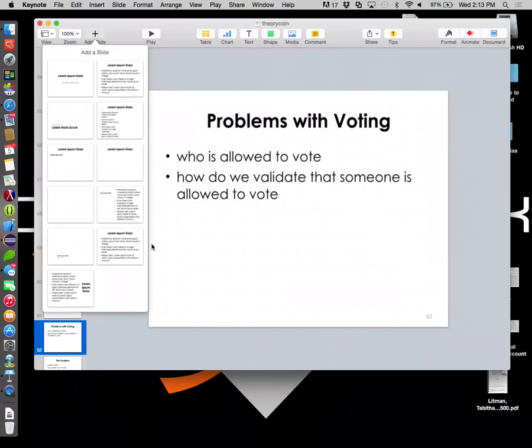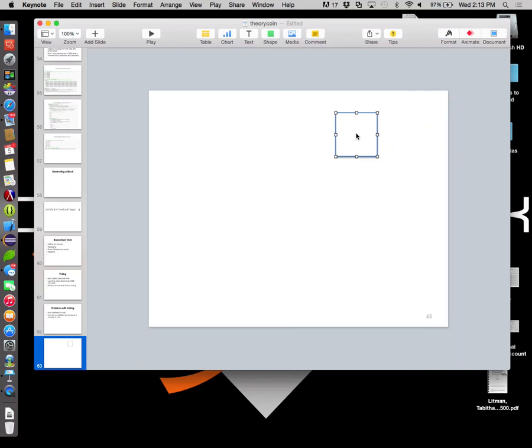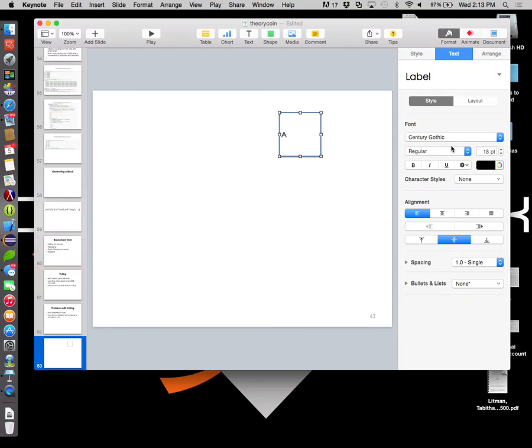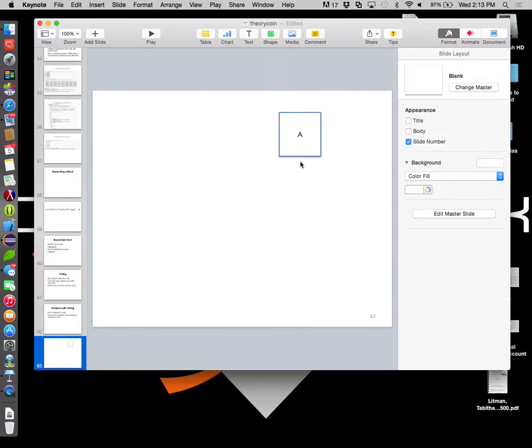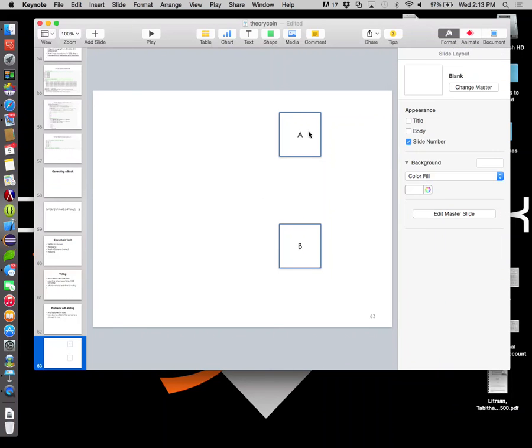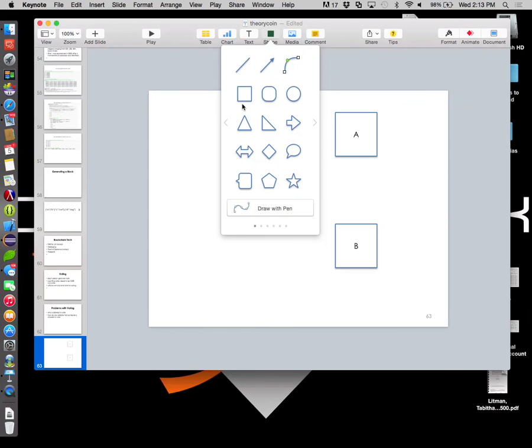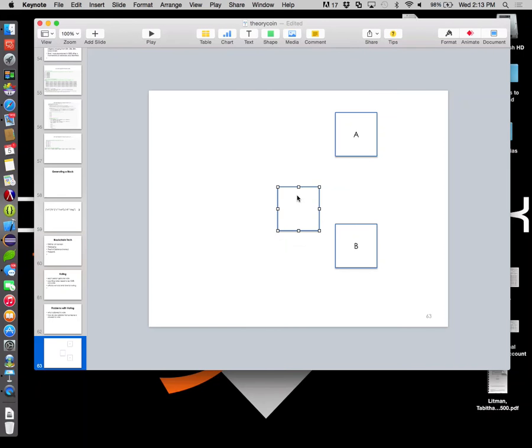So if I draw a picture here, and again, we'll just use our simple example of candidate A and candidate B. All right, and these are individual Bitcoin wallets, these two guys. Then we have the blockchain that all transactions go through.